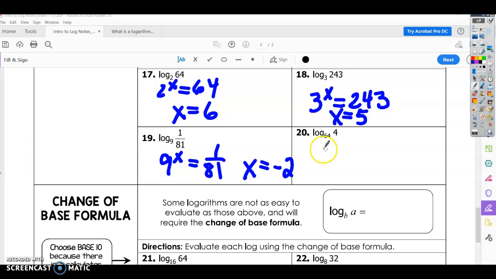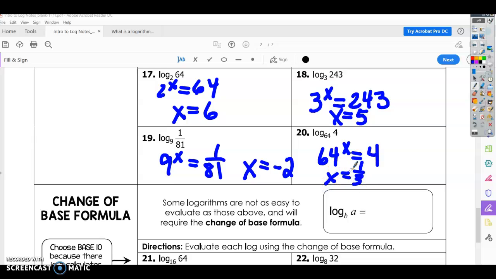And then the last example of these is going to be 64 to some power equal to 4. So 64 to the 1/3 power.